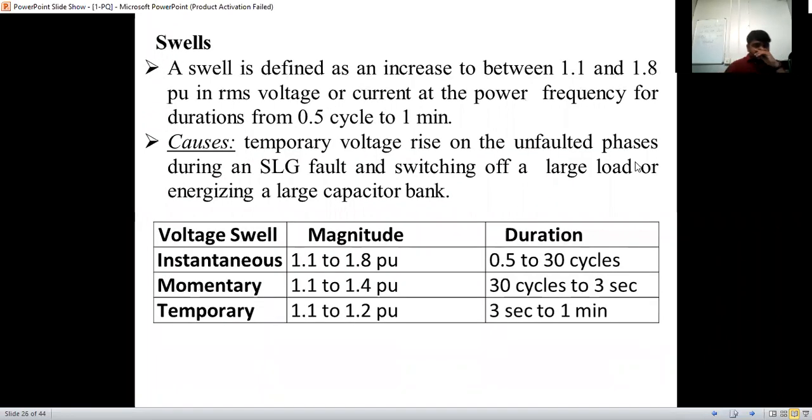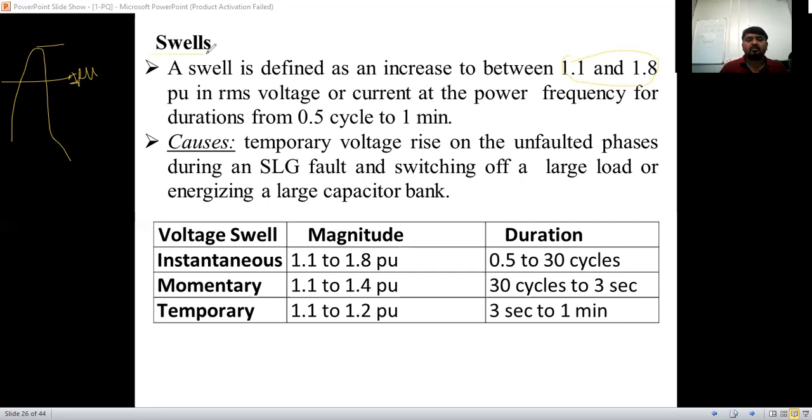Next is voltage swell. If the voltage drops, that is called sag, as we have considered. If the voltage rises above 1 per unit, from 1.1 to 1.8 per unit, that is called voltage swell.